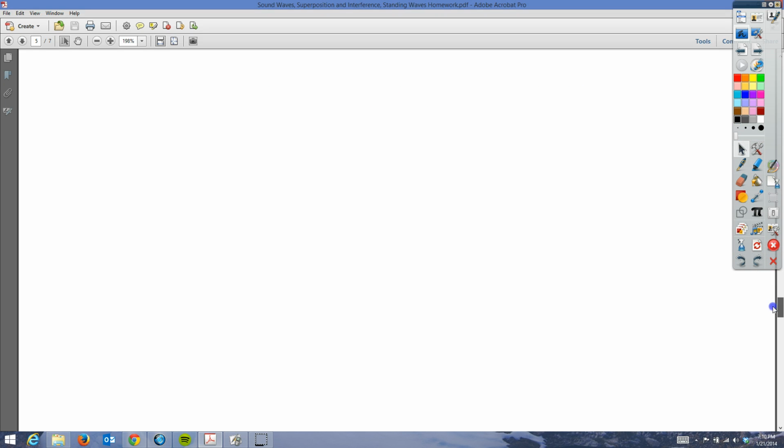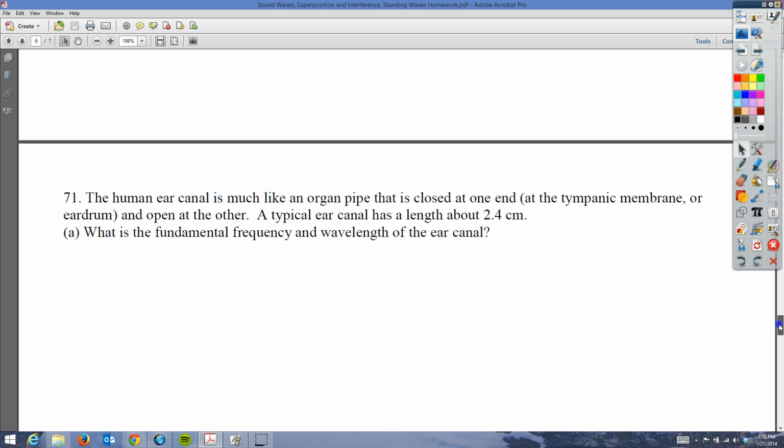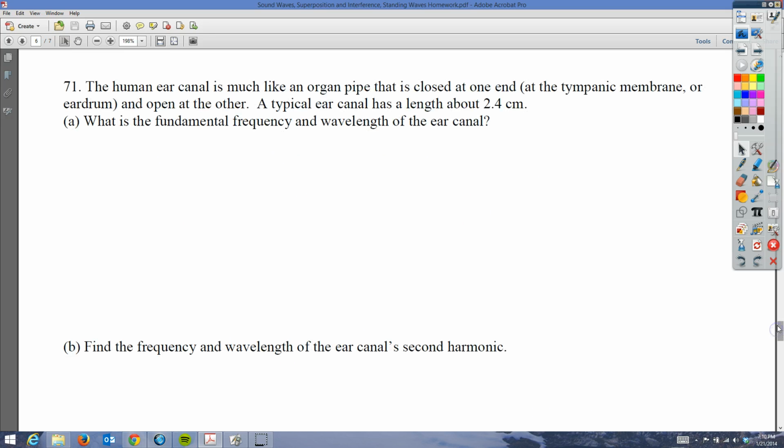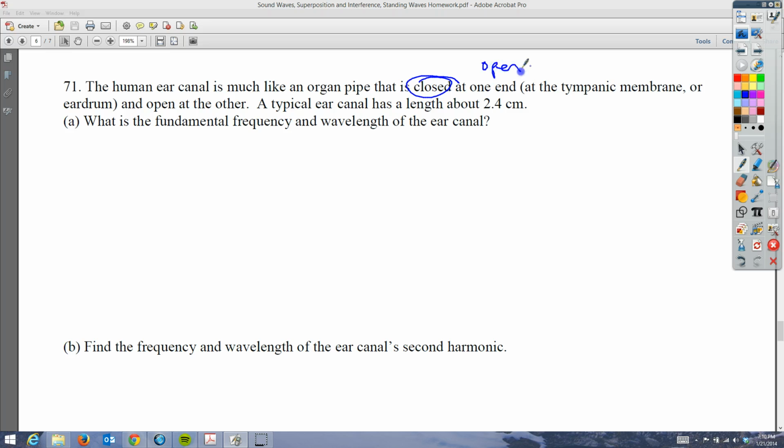For number 71, it says the human ear canal is much like an organ pipe. So now we're looking at open and closed end pipes. It is closed at one end, which means that it is open on the other. So that's the key. So one end is closed while the other end is open.